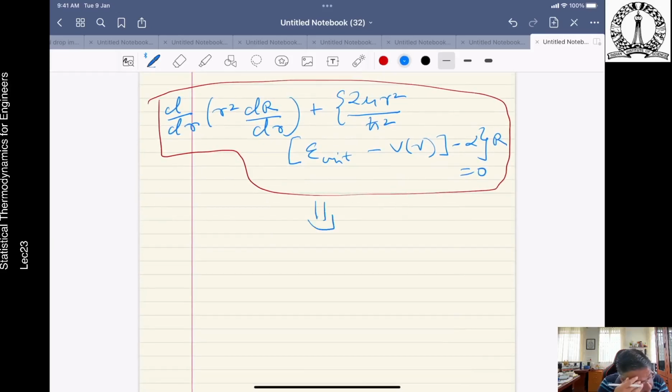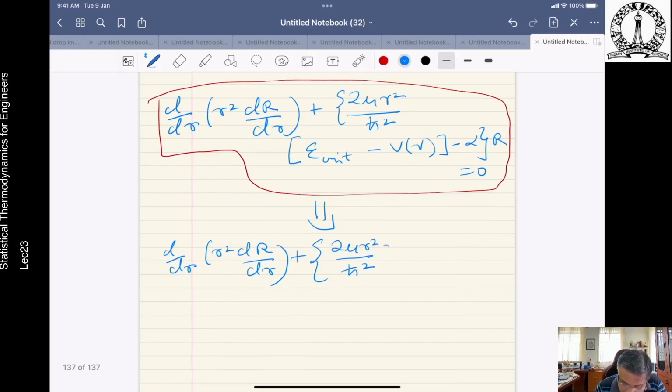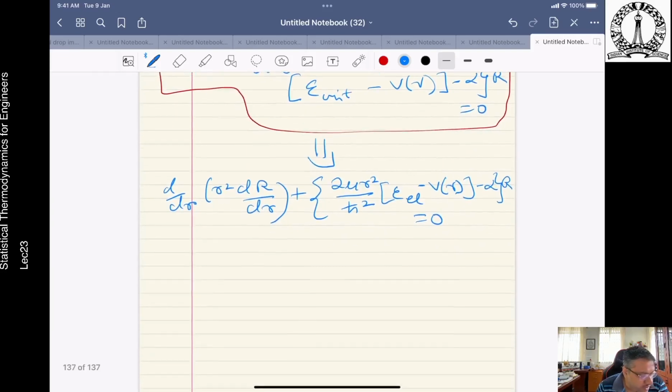So this becomes d by dr of r squared dR by dr, plus 2 mu r squared by h bar squared times electronic energy minus VR, minus alpha into R equal to 0.